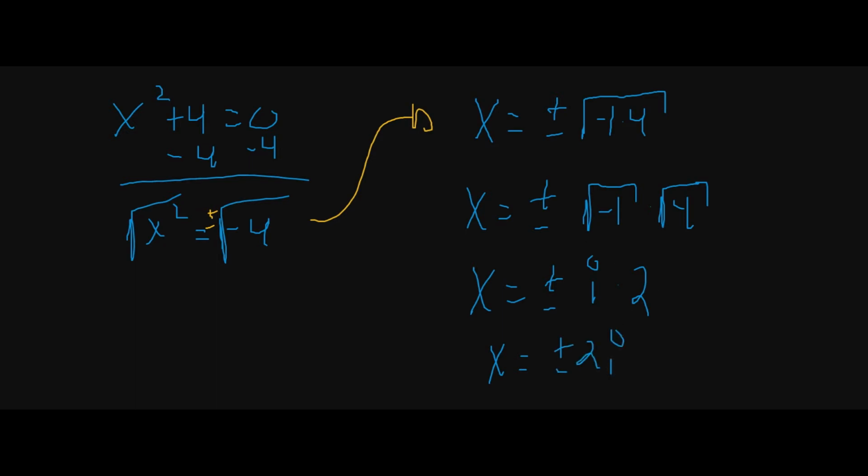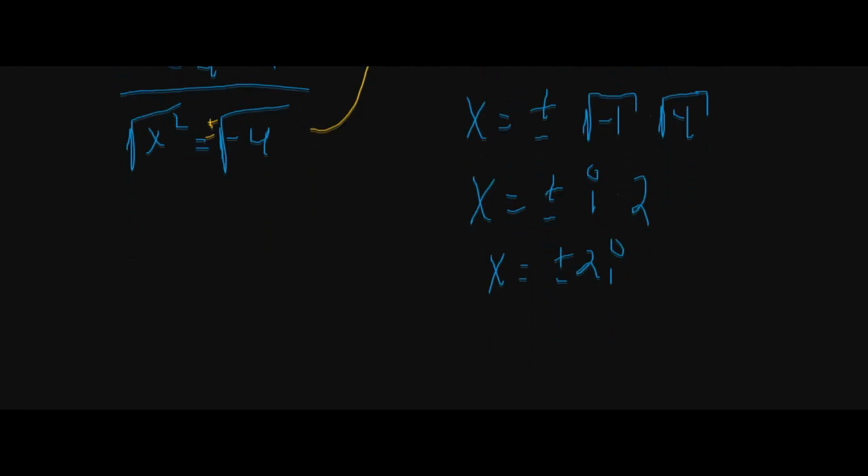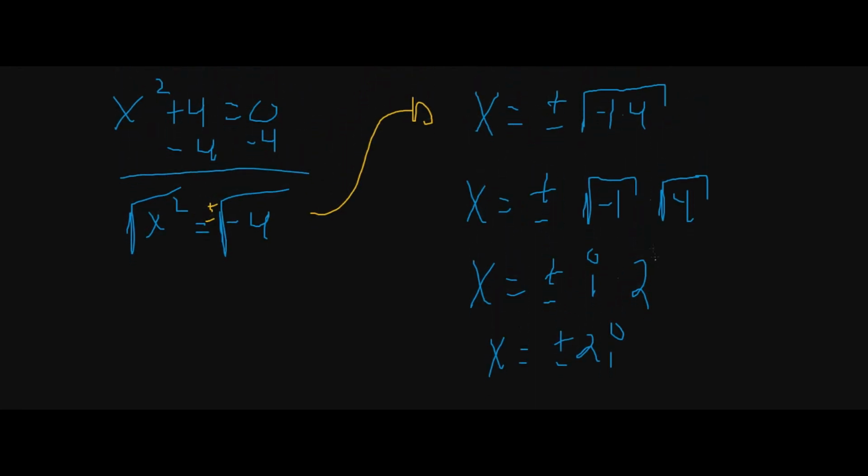I want us to focus on this part right over here. x squared is equal to -4. When we take the square root of both sides, we're going to get a plus or minus.